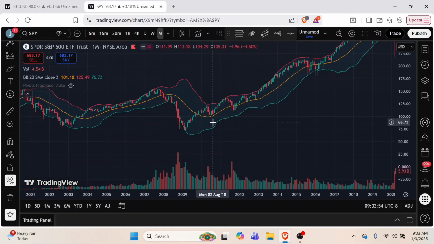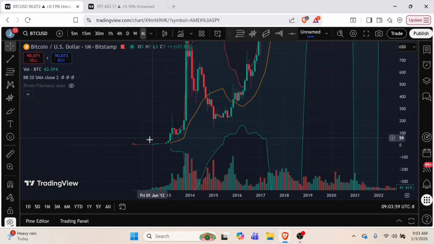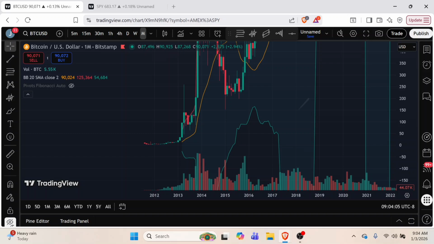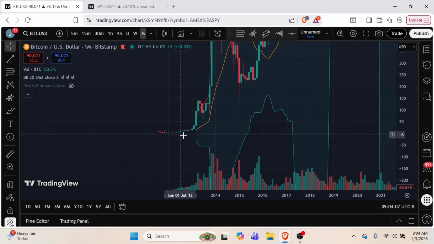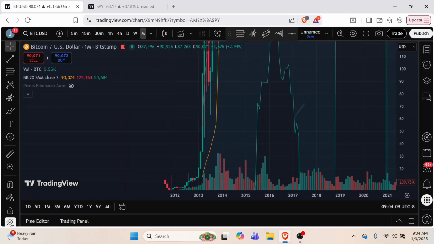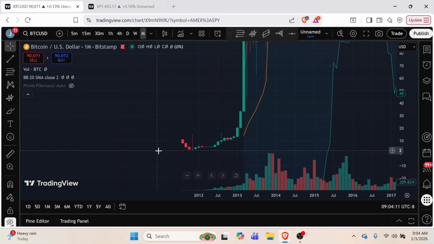Let's jump into it. So 2011 is the earliest point that we have data for the Bitstamp chart, around August 2011 for Bitcoin. Obviously, we have more data for the SPY. And if we're looking at this, price is kind of irrelevant at this time.